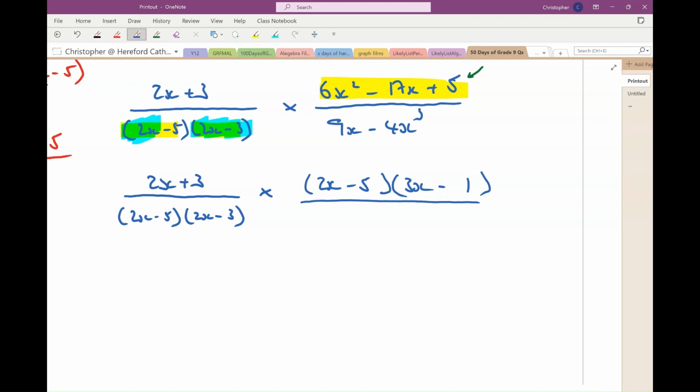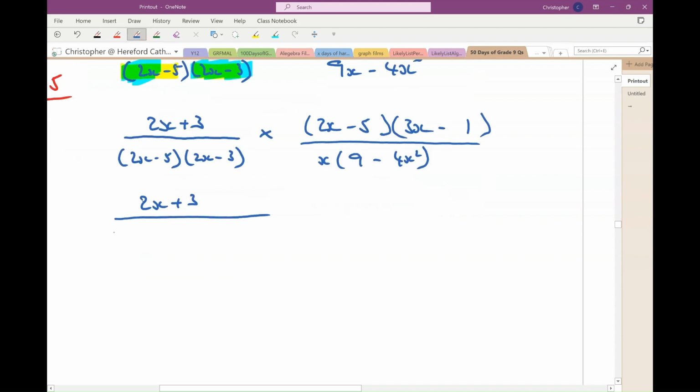Now, what about the bottom here? Well, I'm going to pull out an x first. It's going to leave me with 9 minus 4x squared. Now, let's keep on going with this. So I'm going to write that as 2x plus 3 all over. Now, I could do some cancelling now, but I'm not going to. I'm just going to write that down.